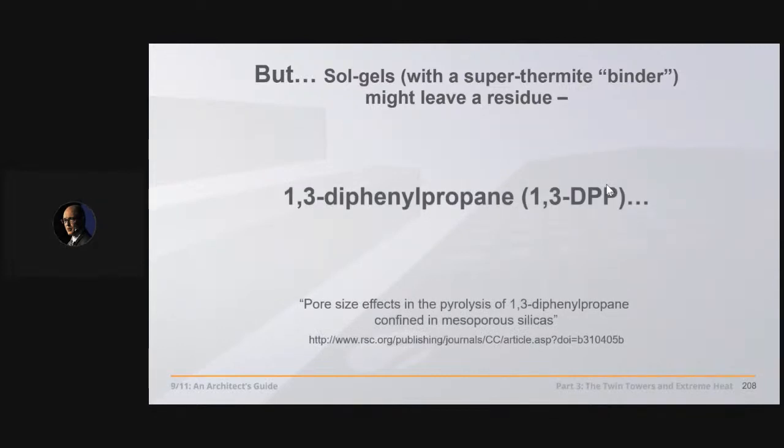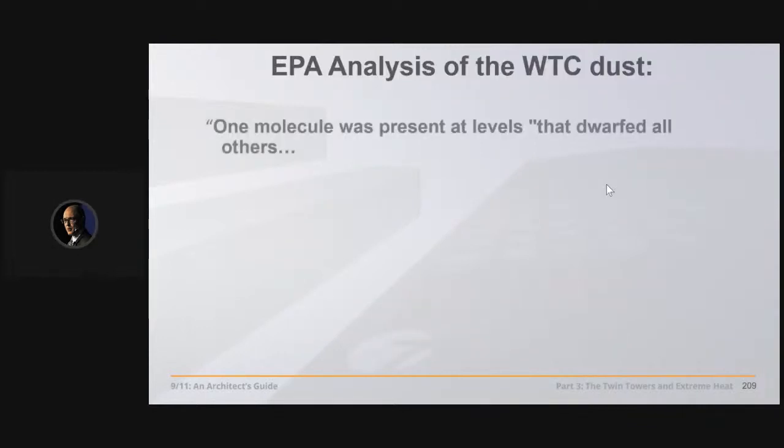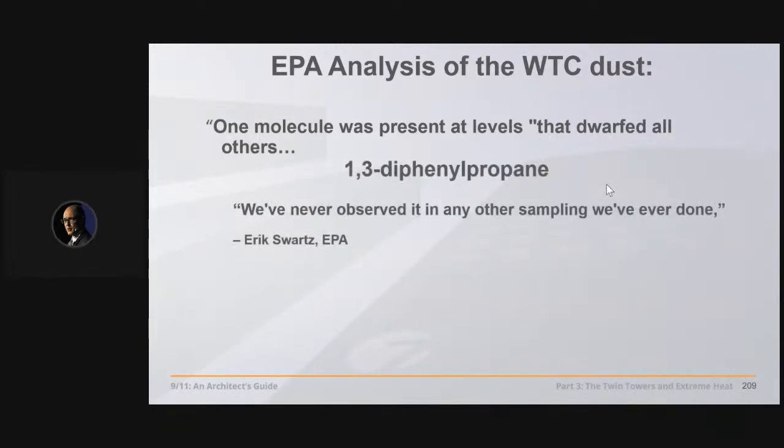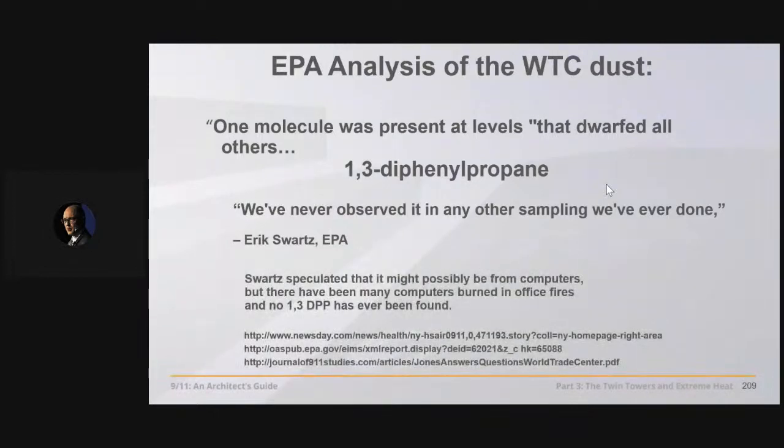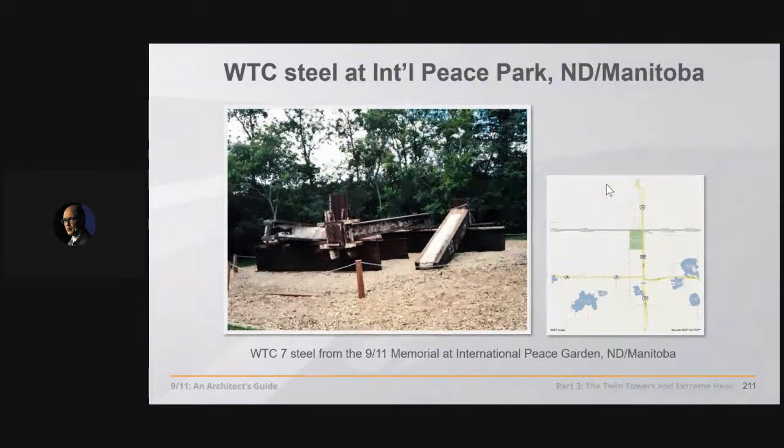1,3-diphenyl propane would be left behind. But was that left behind? Well, the EPA analysis of the dust finds one molecule present at levels that dwarfed all others. I wonder which one it was. 1,3-diphenyl propane. We've never observed it in any other sampling we've ever done. Speculates it might be from computers, but they've never had a sampling from any of the office fires, which of course all have computers.